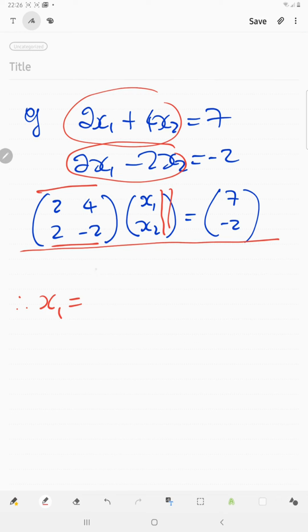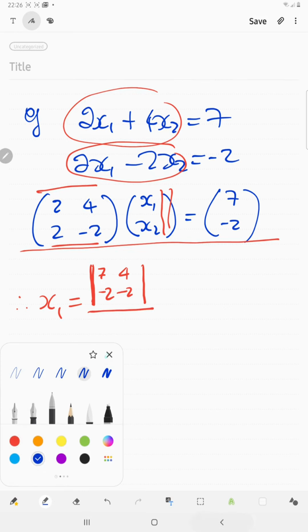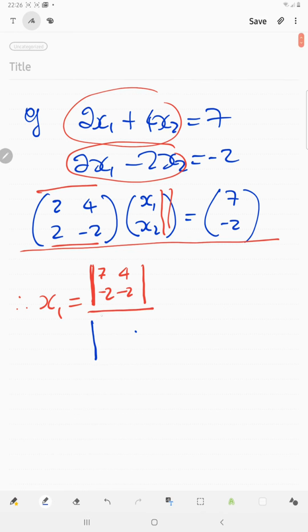the following statement, where, if I do this, it means that I want to get the determinant. So I can get the determinant of 7, 2, 4, negative 2 over the determinant of the denominator, which is the determinant of 2, 4, 2, negative 2.